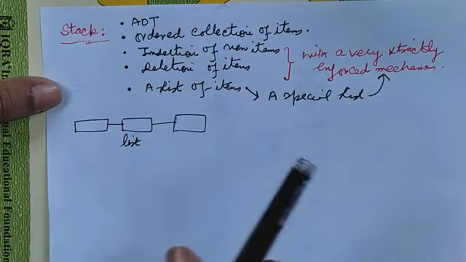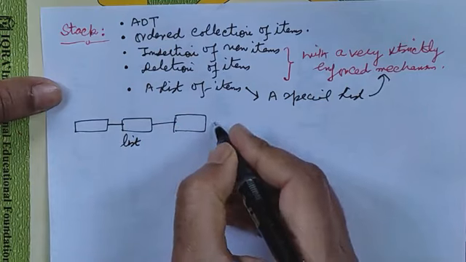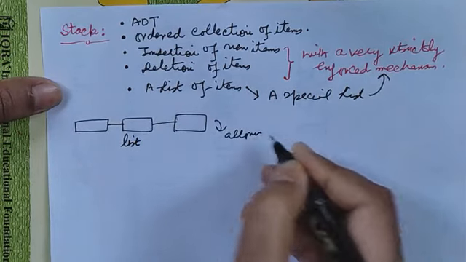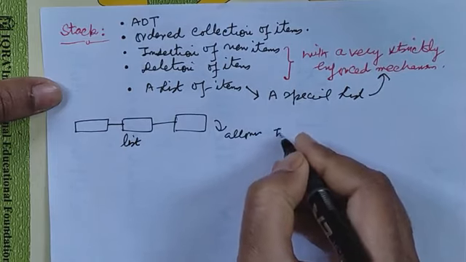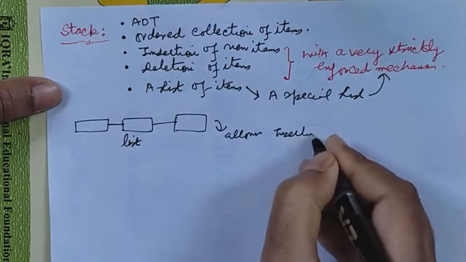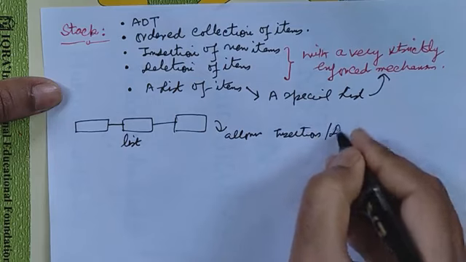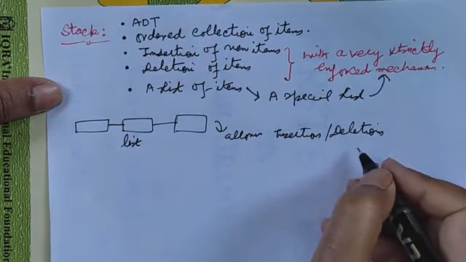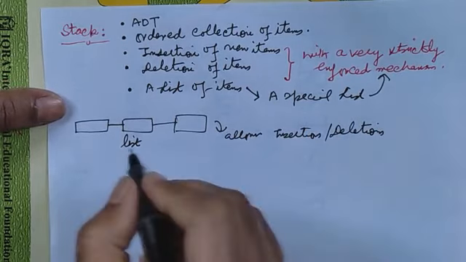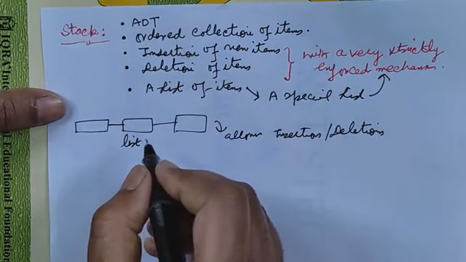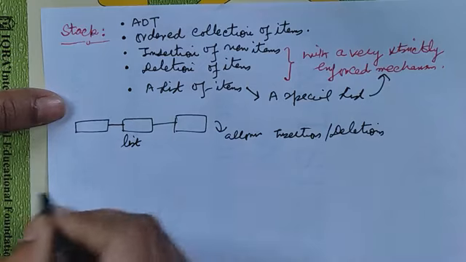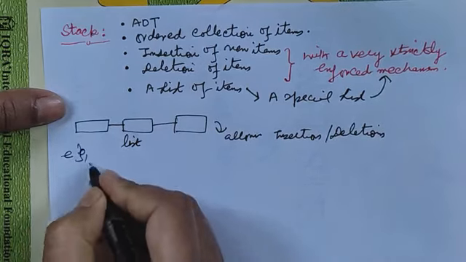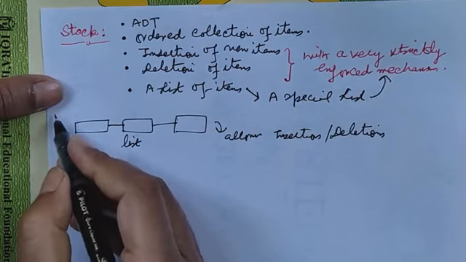This simple list would also allow insertions and deletions of items, but those insertions and deletions can be done in multiple ways. For example, you can insert a new item here.